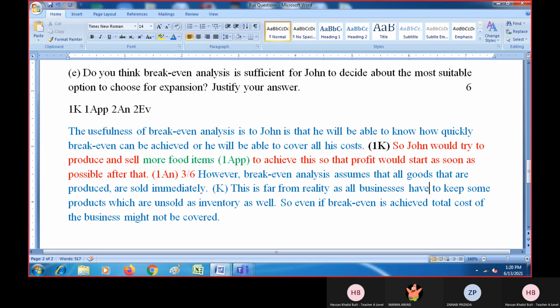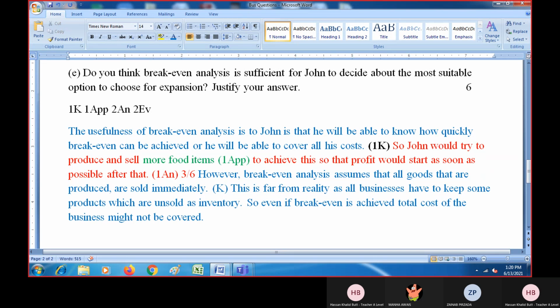Now I am explaining why it is a disadvantage, or why it is a limitation for break-even. So as all businesses have to keep some products which are unsold as inventory, even if break-even is reached, total cost of the business might not be covered. So we are done with the analysis of the disadvantage.